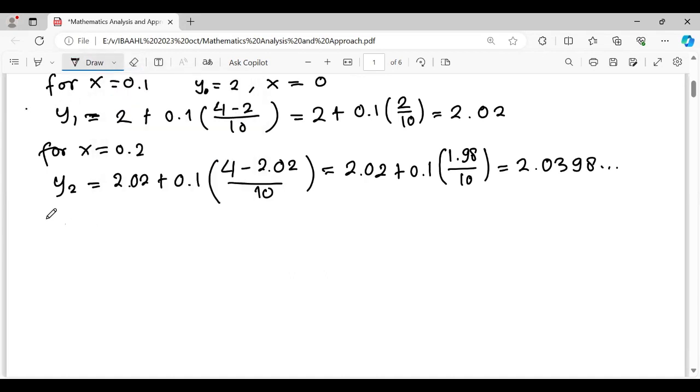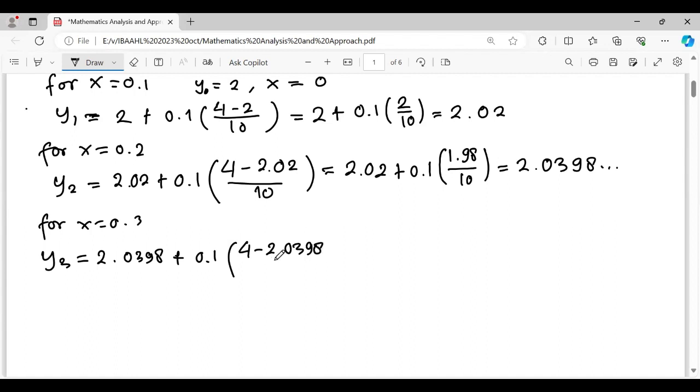Okay, next. 4x equals 0.3, y3 equals 2.0398 plus 0.1 times (4 minus 2.0398) over 10.